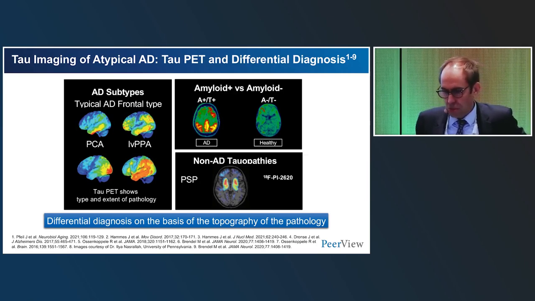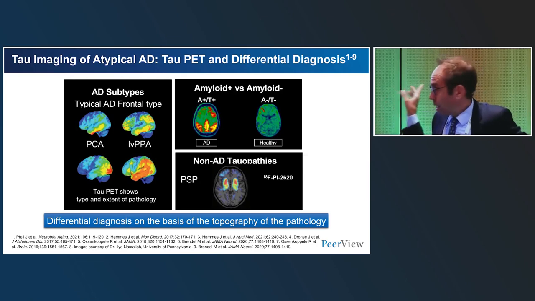Importantly, also now several studies have demonstrated that on the basis of the tau PET pattern, you can also differentiate between amyloid positive and negative subjects, even on that pattern.